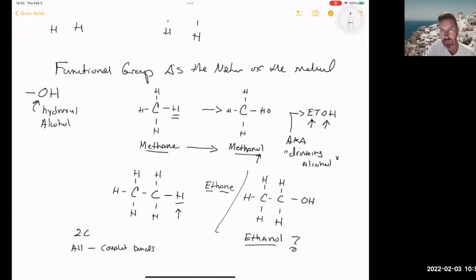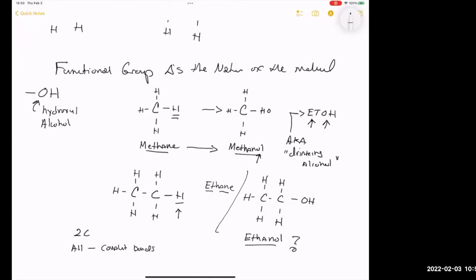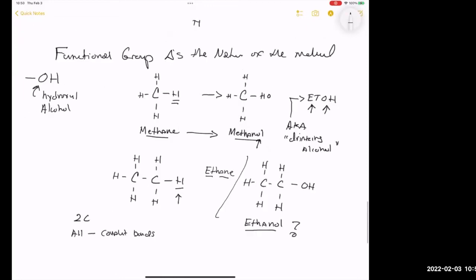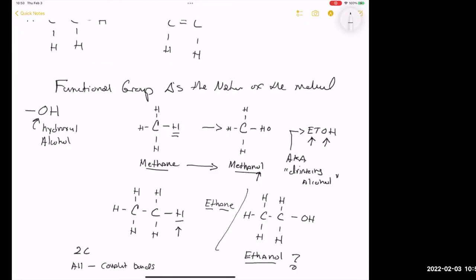It's ethyl alcohol or ethanol. Does that make sense? Yeah. And so hopefully you can see by just adding a functional group, you can completely change the character of a basic hydrocarbon, right? So that is one example, the alcohol group.